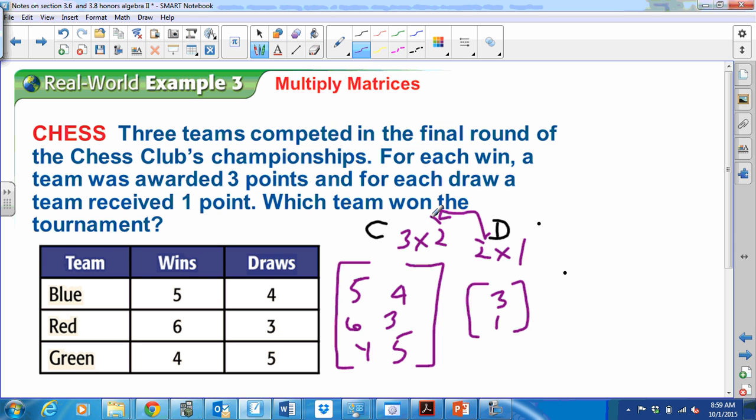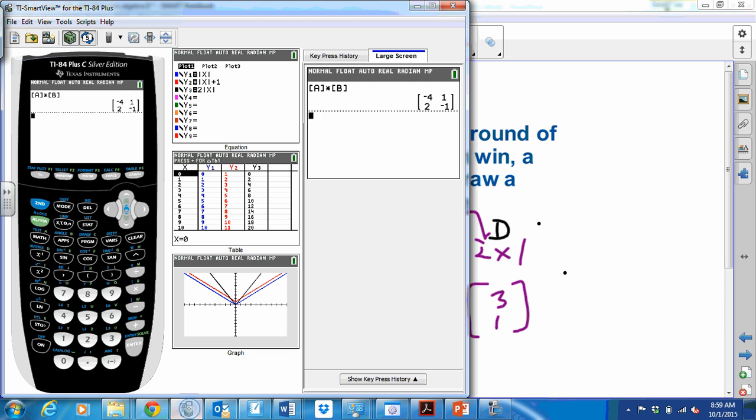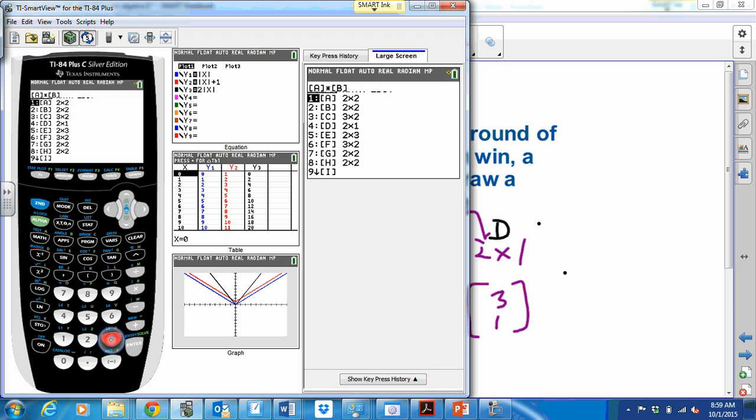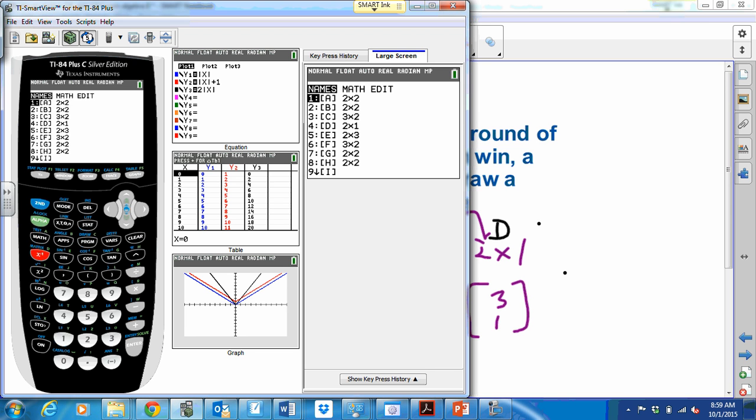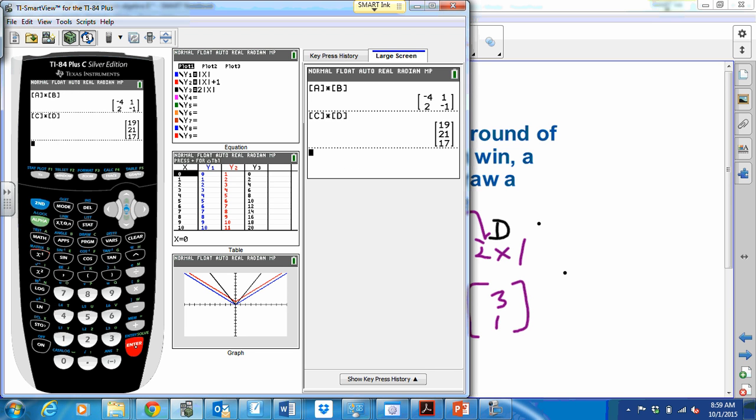So I'm going to go into my calculator, and I'm going to multiply matrix C by matrix D. So I'm going to hit second, matrix, and I want to pick C, times second, matrix, D. And it gave us 19, 21, and 17.